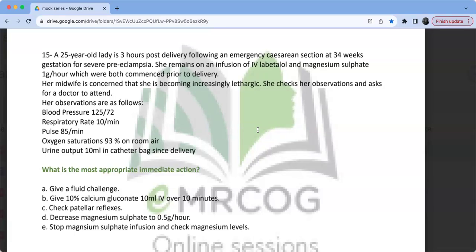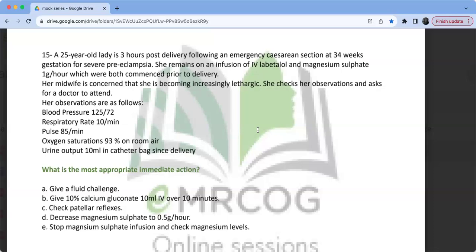She checked her observations and asked for a doctor to attend. Her observations are as follows: blood pressure 125/72, respiratory rate 10, pulse 85, oxygen saturation 93, and urine output 10 ml in the catheter since delivery, meaning since 3 hours.